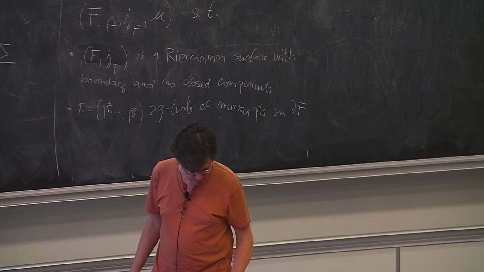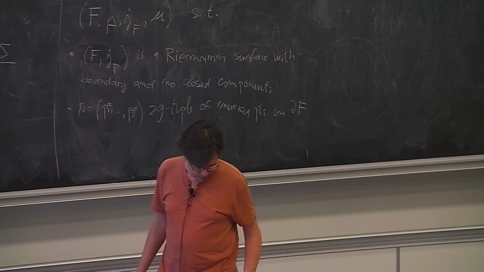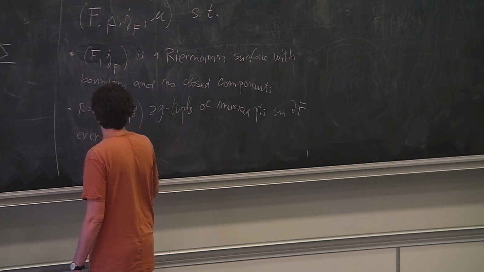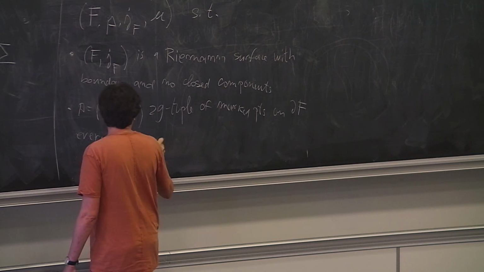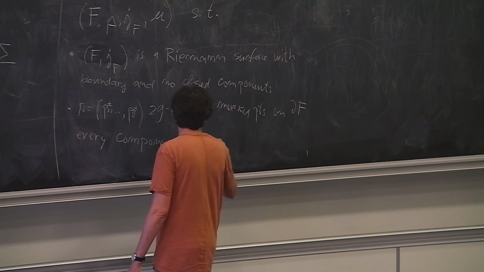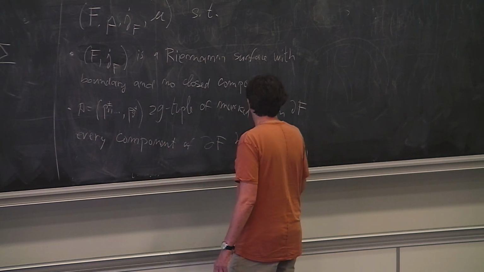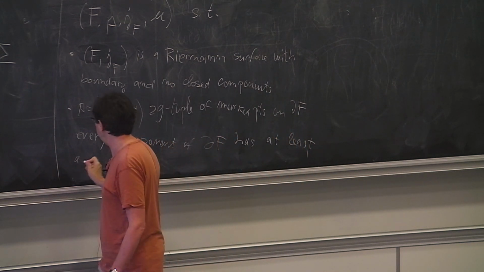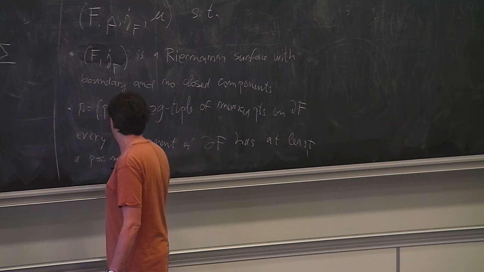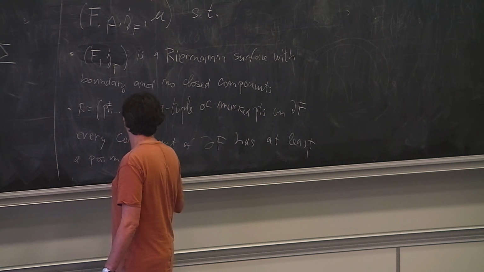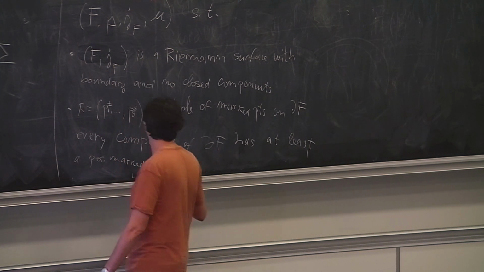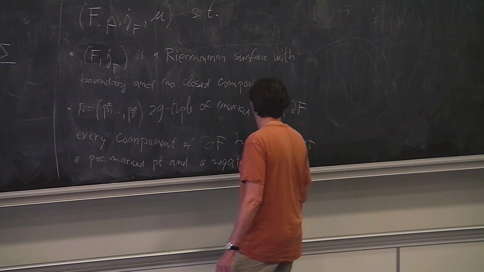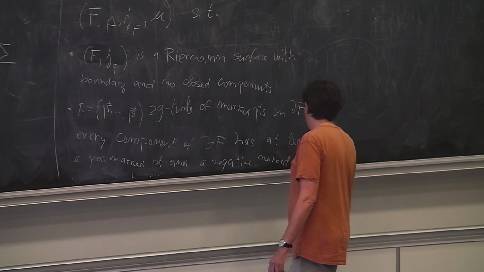And every component of the boundary of F has at least a positive marked point and a negative marked point.